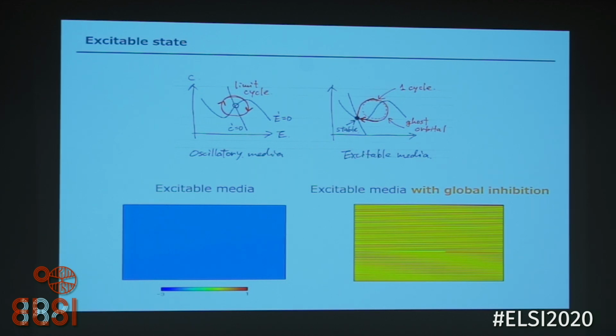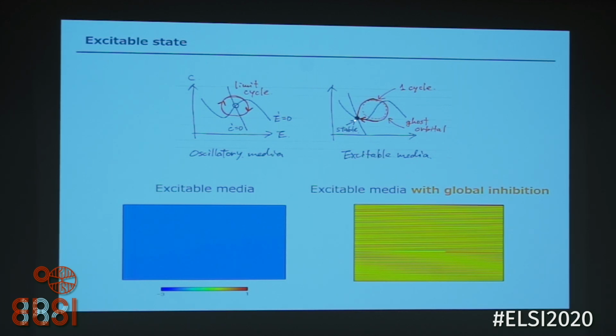Let me show another interesting system that is called excitable medium. I have already said many times, limit cycles, oscillation appears on the negative slope here. But now let's consider another case.